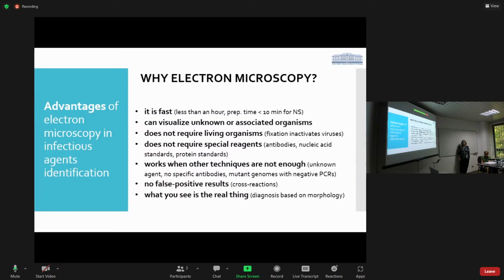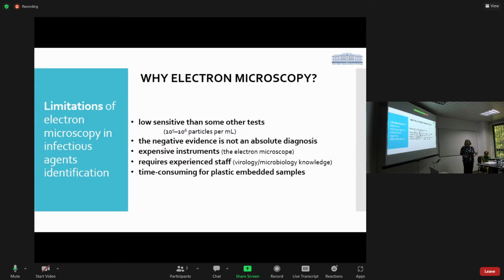We have no false positive results, and this is a good thing. And we can see, in fact, the infectious agent, and we can classify the pathogen. We have some limitations in electron microscopy.